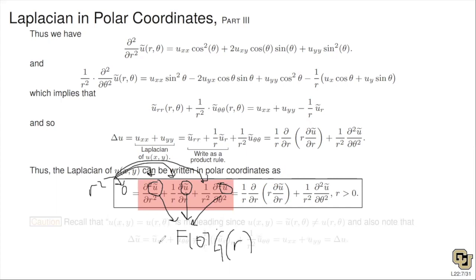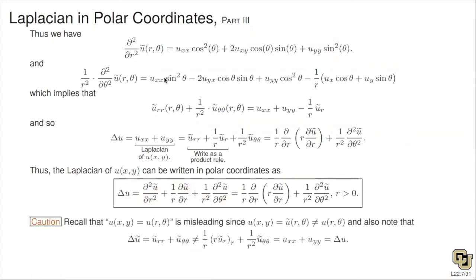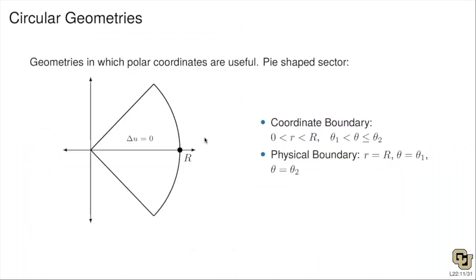Then replace U with F of theta times G of R, and divide both sides by F. You'll have F double prime times G of R, and you can separate the equations in the traditional way and set it equal to negative lambda. The homework will lay out some of those basic steps for you for how to start separation of variables.